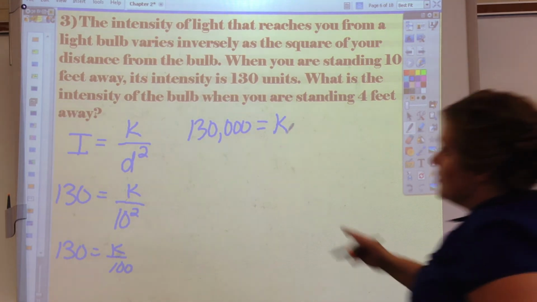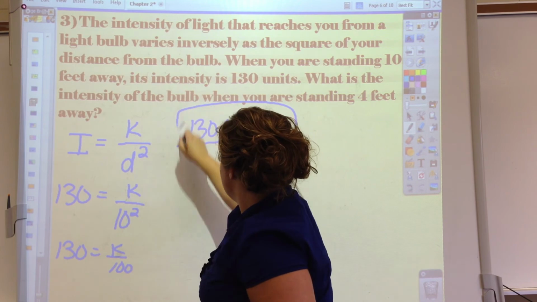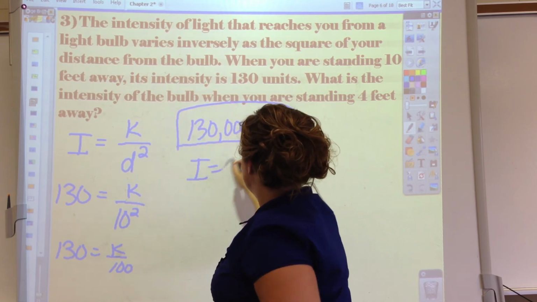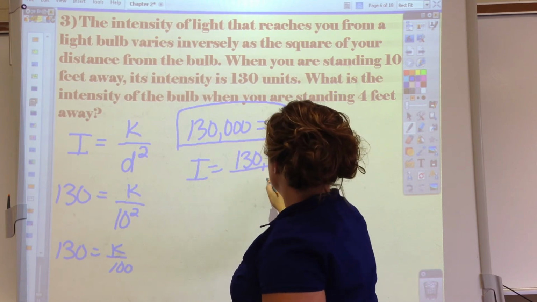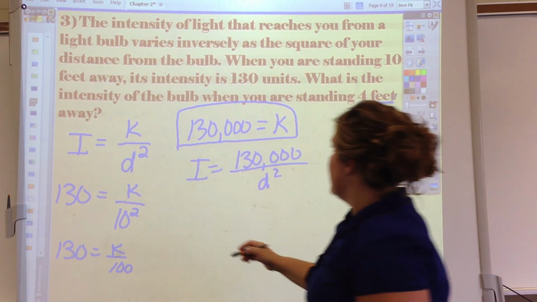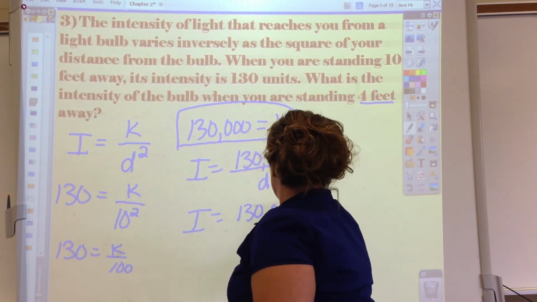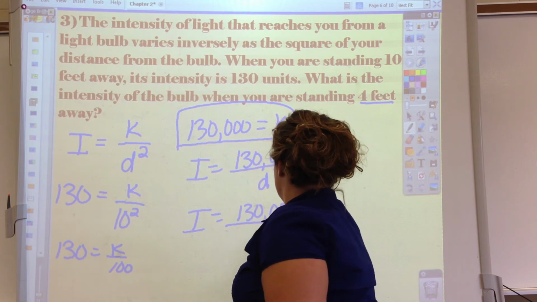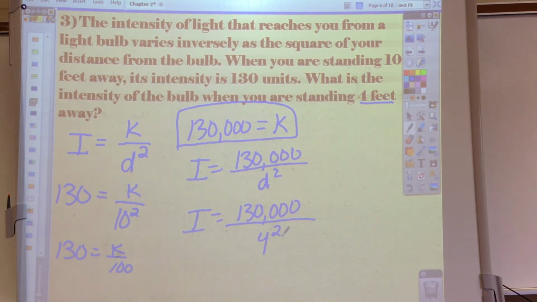Now I want to know what's the intensity of the bulb when I'm simply standing 4 feet away. So I'm going to rewrite my equation with my value of K. And now I can see that I equals 130,000 divided by D squared. I'm given a value for D, and I'll be solving for I. When I simplify, hopefully we agree that 4 squared is 16.